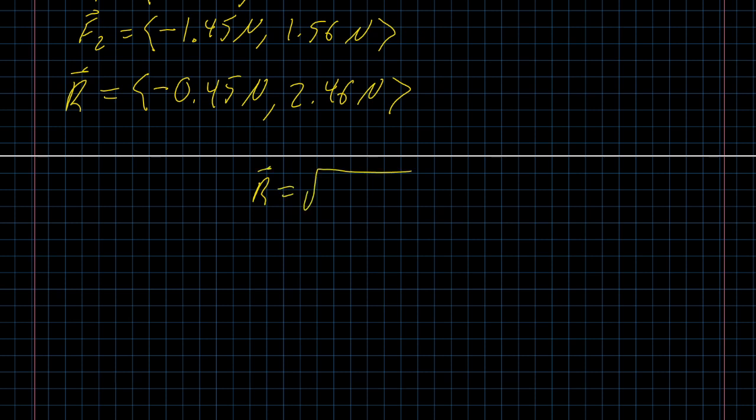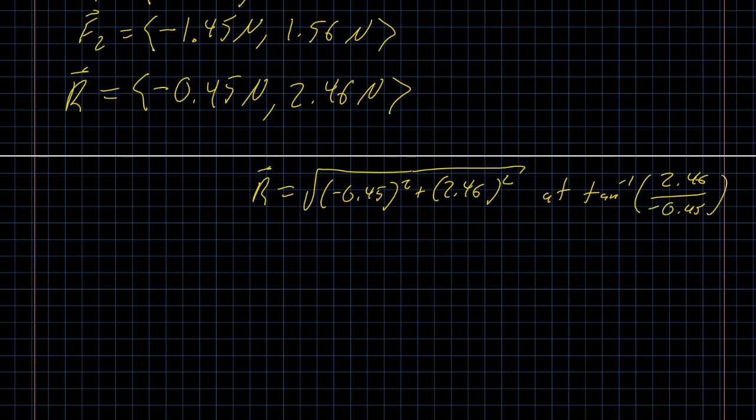Well, it'll be the square root of negative 0.45 newtons squared plus 2.46 newtons squared. And the angle is going to be the angle whose tangent is the y component divided by the x component.